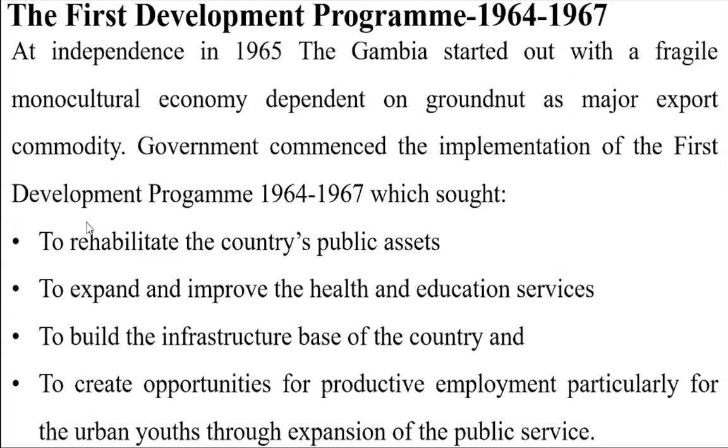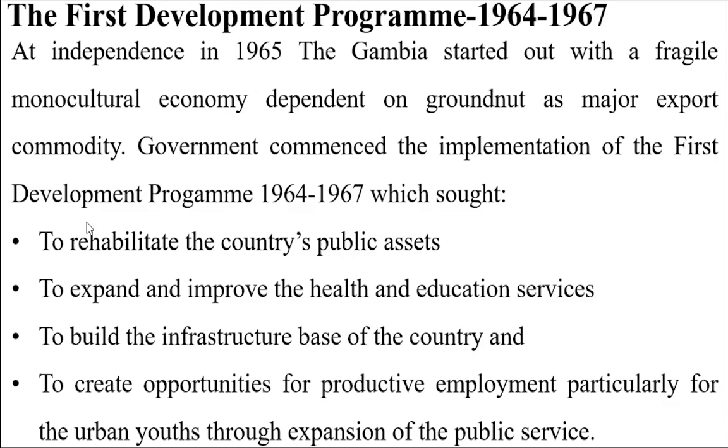At independence in 1965, the Gambia started out with a fragile monocultural economy. Government commenced the implementation of the first development program, 1964 to 1967, which sought to achieve 4 major objectives at that time.